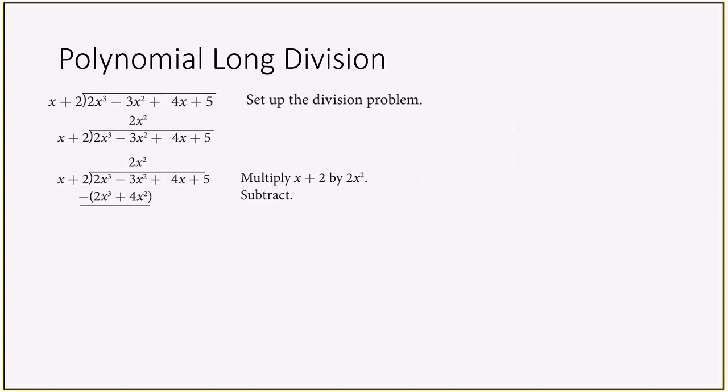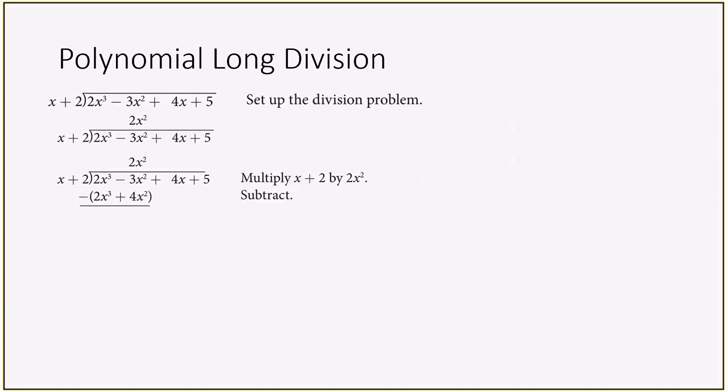Now I'm going to subtract that entire thing, and it's a good idea to put this in parentheses, because when we were doing regular division, you were only subtracting one thing, so it made sense to just straight up subtract it, whereas with polynomial long division, you're going to have more than one term. So make sure that you are putting parentheses around it and subtracting the entire thing.